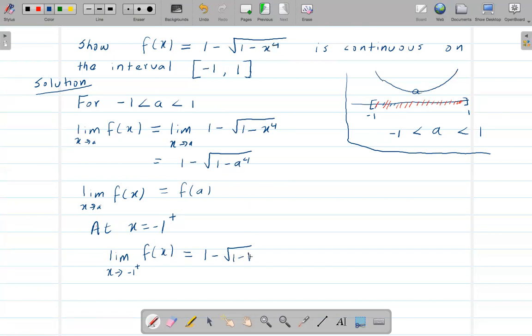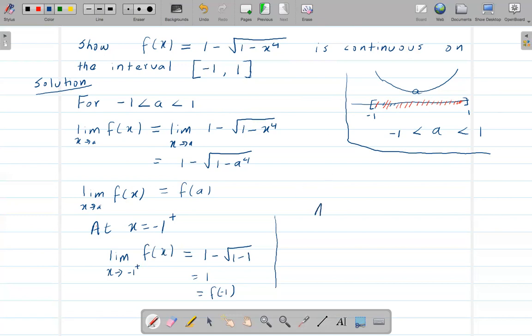So 1 minus 1 is 0, and square root of 0 is still 0. So I just get 1, right? This is also equal to f of -1. Here we were considering a variable and we got that variable; here we are considering a number and we got that number.